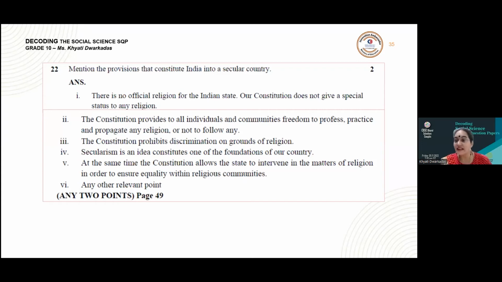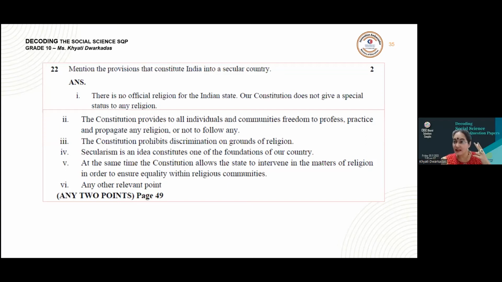Nowhere do they say write 2 provisions, which also means that the student is likely to write more than expected, because the student does not know that 2 marks indicate 2 points. Briefly answer-based question, yes, but they just say mention the provisions, which means they expect all provisions to come in, not 2.